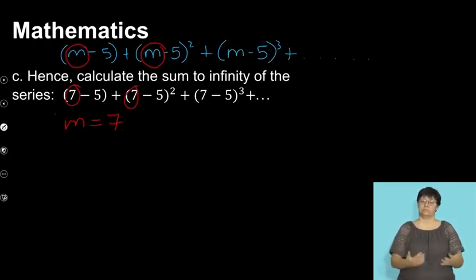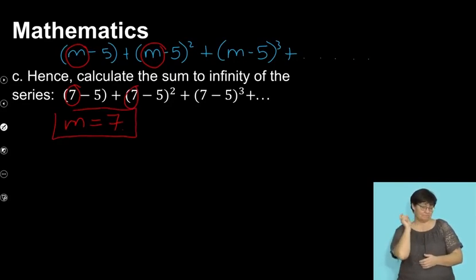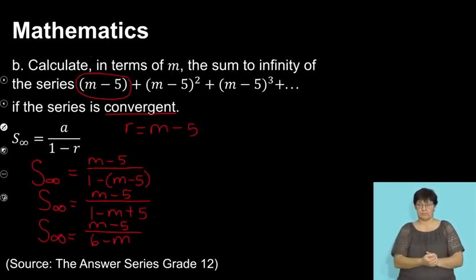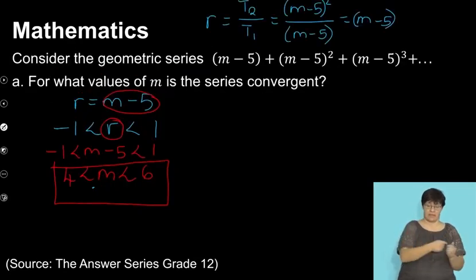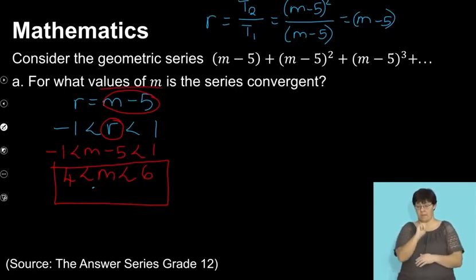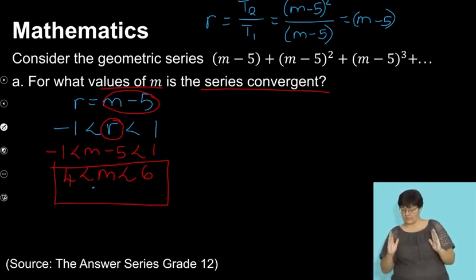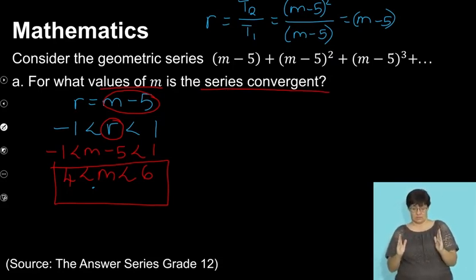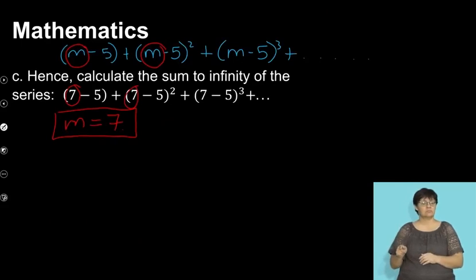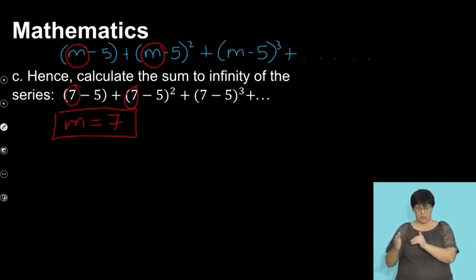Cool, so I've asked you to keep in the back of your mind that m is equal to 7 and why that is a problem. If I go back to part A, I had to determine the values of m for which the series was convergent. We then solved the inequality and saw that for the series to be convergent, m has to be between 4 and 6.